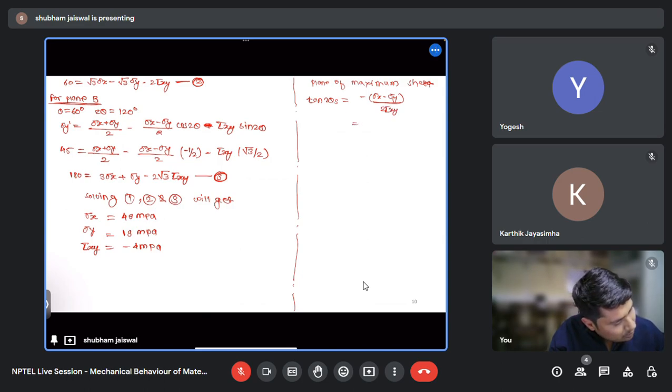So it is minus of (49 minus 19) divided by minus 4 into 2. So it comes out to be tan 2 theta s is 30 by 8.